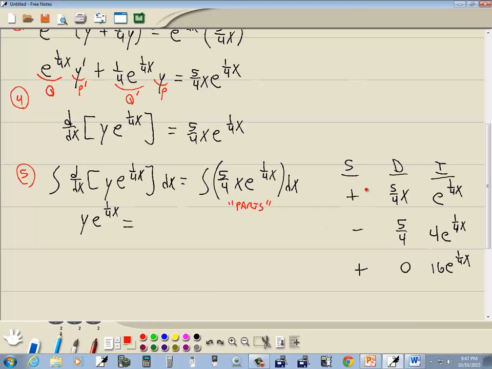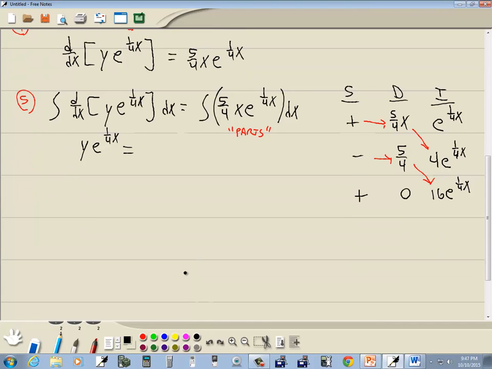And again, how that works, we go across like that and then down, and then we go across and then we go down. I don't know if I got enough room there. Maybe I do. Okay, so positive, and then 5/4 times 4, the 4's cancel, and that gives me 5x e to the 1/4 x.